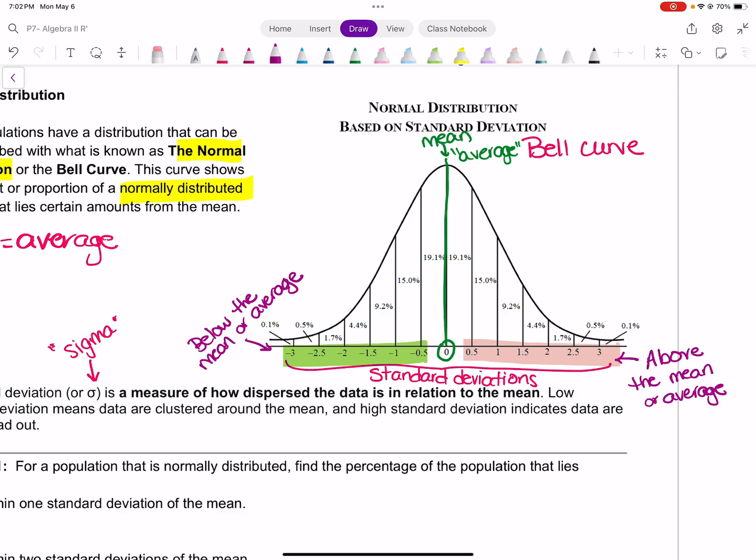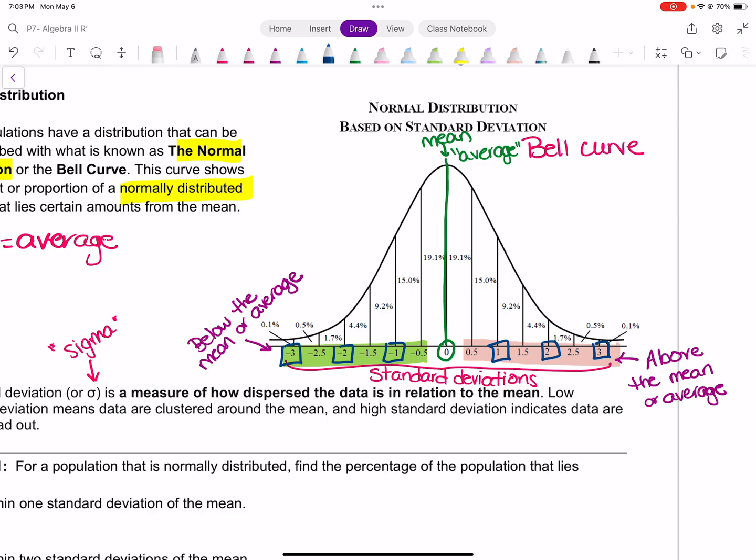Now, we really only look at the solid numbers, so the 1, the 2, the 3, the -1, -2, -3. So if I'm at, let's say, the +2, it means that I am what we say 2 standard deviations above the mean. If I was at the -2, then I know that I am 2 standard deviations below the mean.